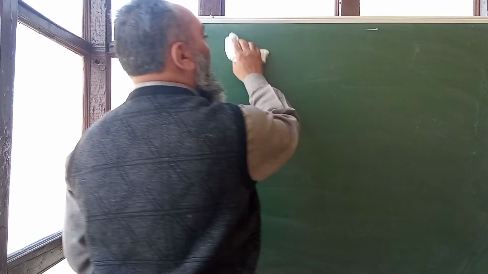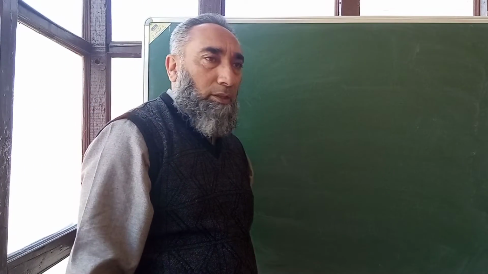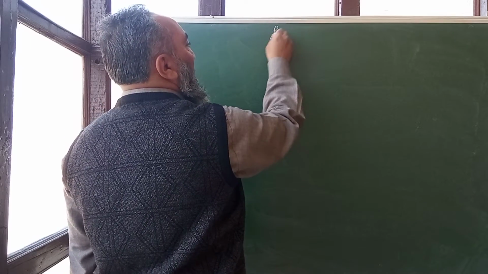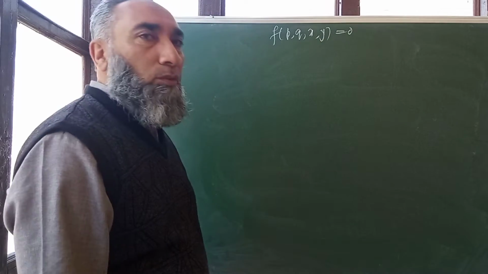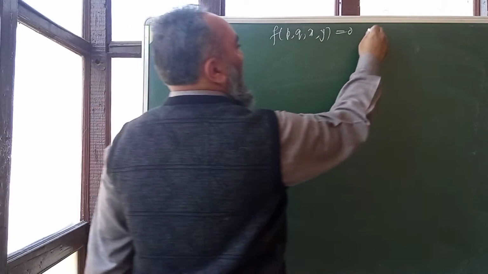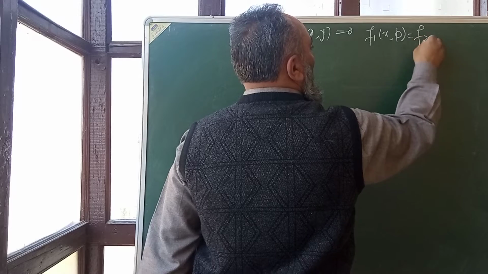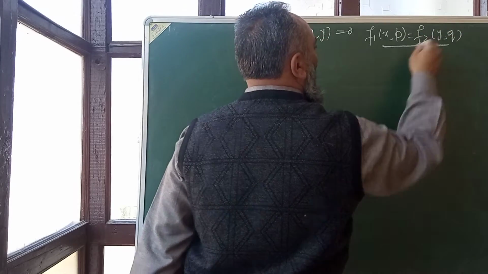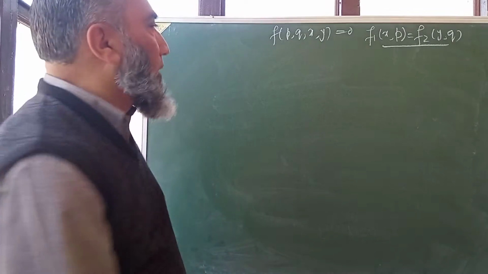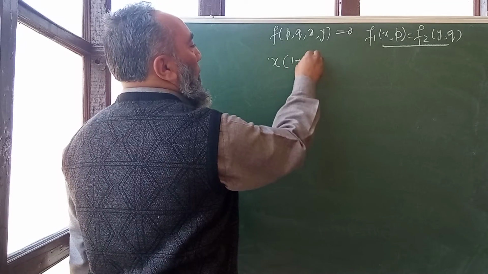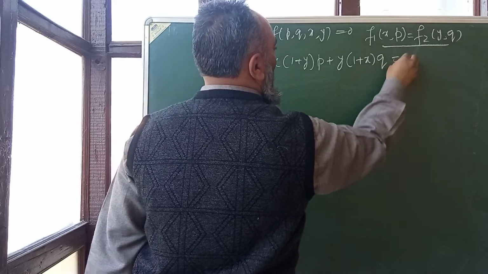Next, this was f(p, q, z, x, y). Now let me take up f(p, q, x, y) = 0, where only z is absent. This form can also be written as f1(x, p) = f2(y, q). For example, let us take x(1 + y p) + y(1 + x q) = 0.